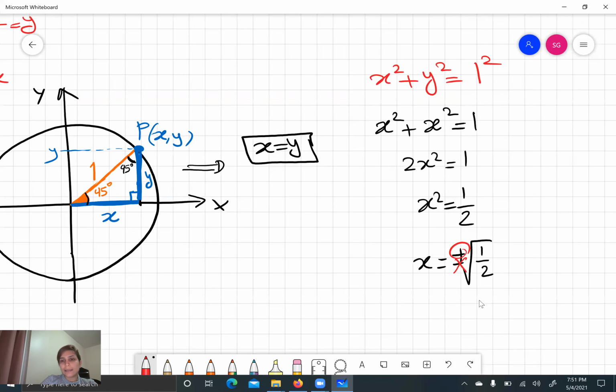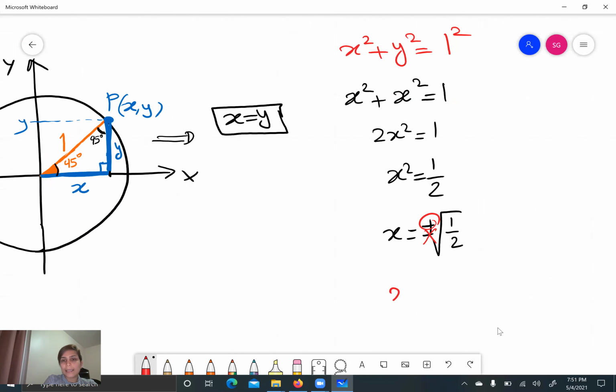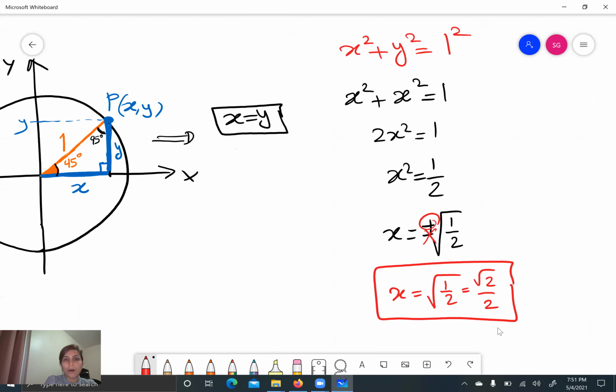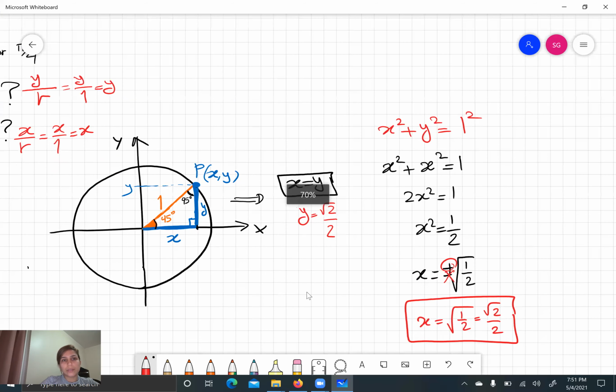So x is square root of 1 over 2. Or if you rationalize it, it's going to be square root of 2 over 2. And y is the same thing, because x and y are equal, so y is also square root of 2 over 2. That's it. We calculated the sine and cosine.